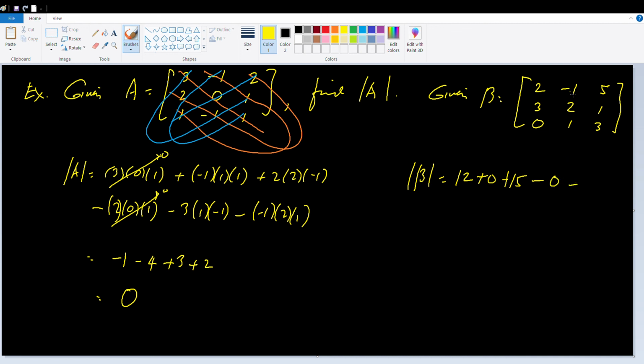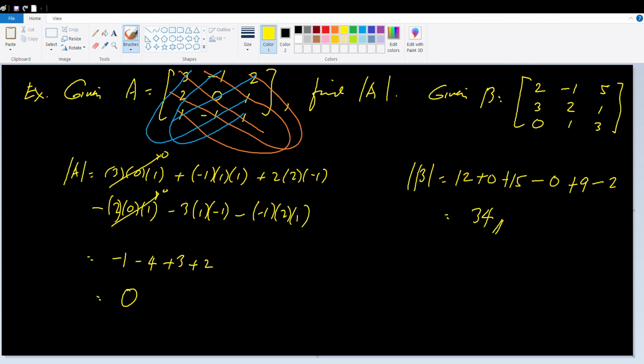Minus negative 1 times 3 times 3 is negative 9, so it becomes positive 9. And finally, minus 2 times 1 times 1 is 2. So that will be 27. 36 minus 2 is 34.